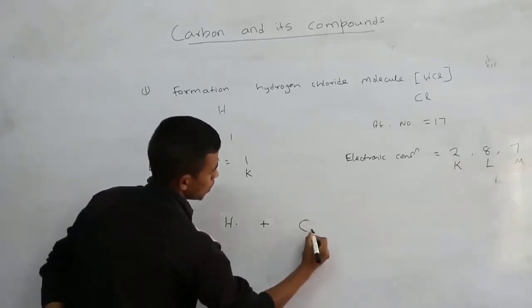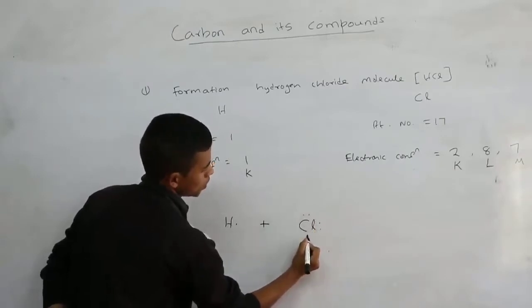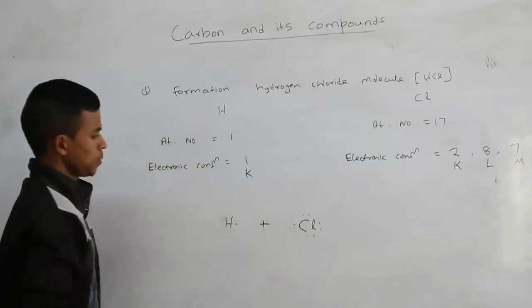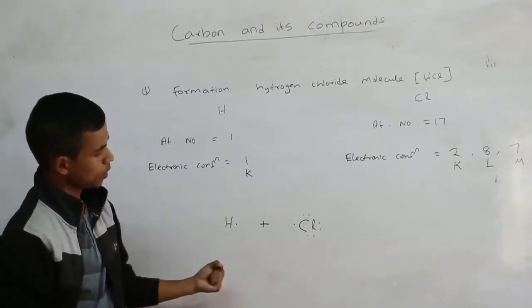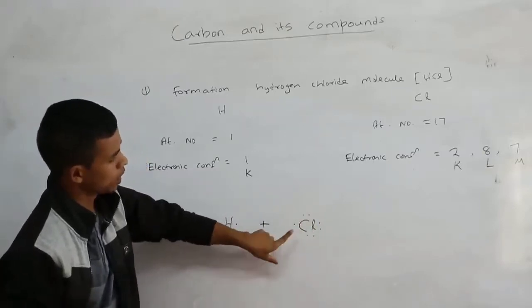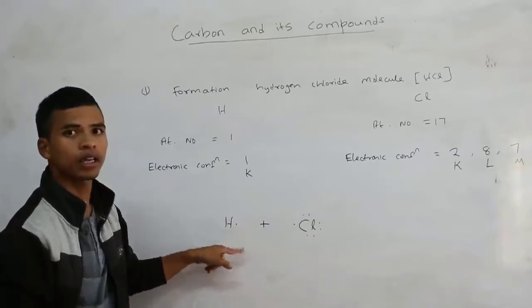and chlorine also has these electrons in the outermost shell, there are 7 of them. When they are close to each other, chlorine has 7 electrons in the outermost shell, so it needs 1 more. Hydrogen also has only 1, it needs 1 more.